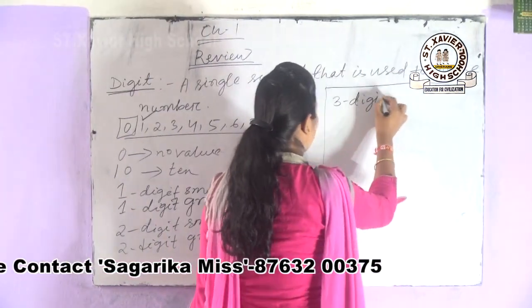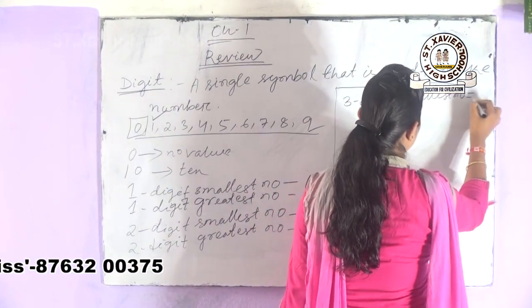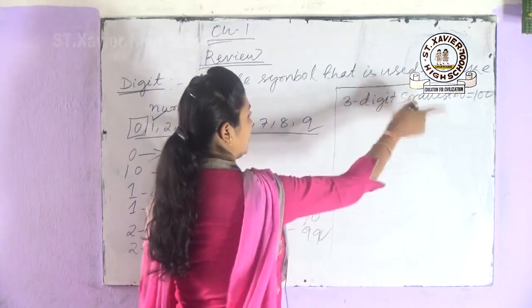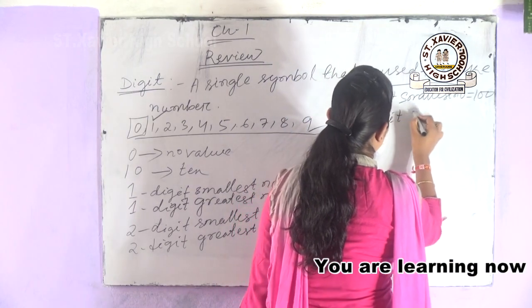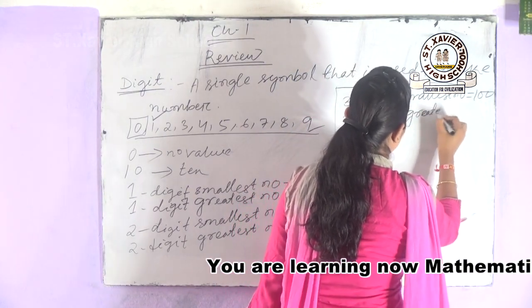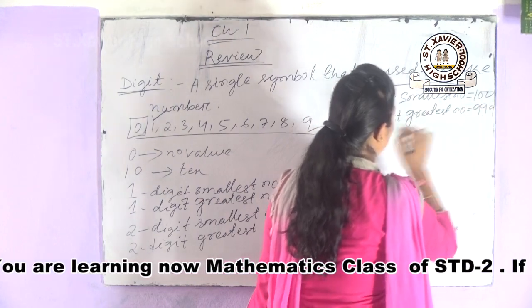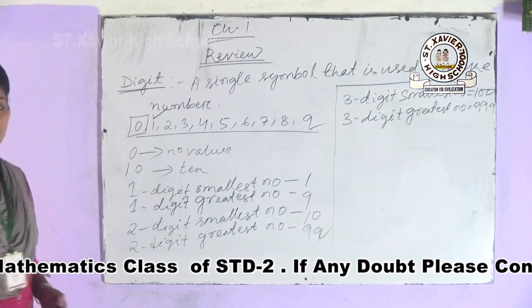The 3 digit smallest number is 100. After 99, that is 100. Then the 3 digit greatest number is 999. Okay. So you have to write it in your copy.